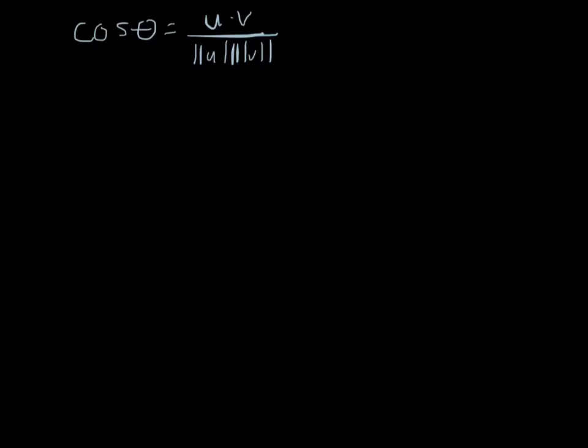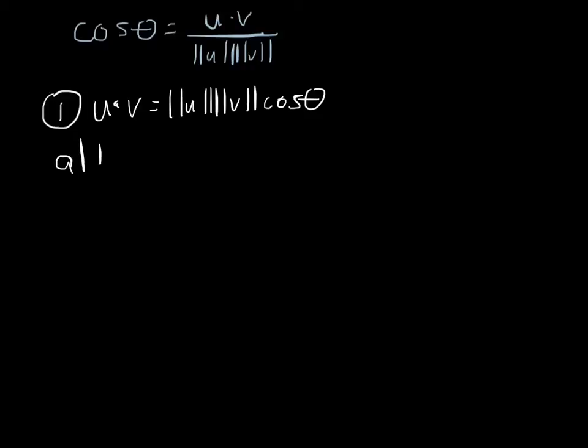Okay, two more things about this formula. One of them being that we can take this and cross multiply here and get u dot v is equal to this, which is an alternative formula for your dot product.